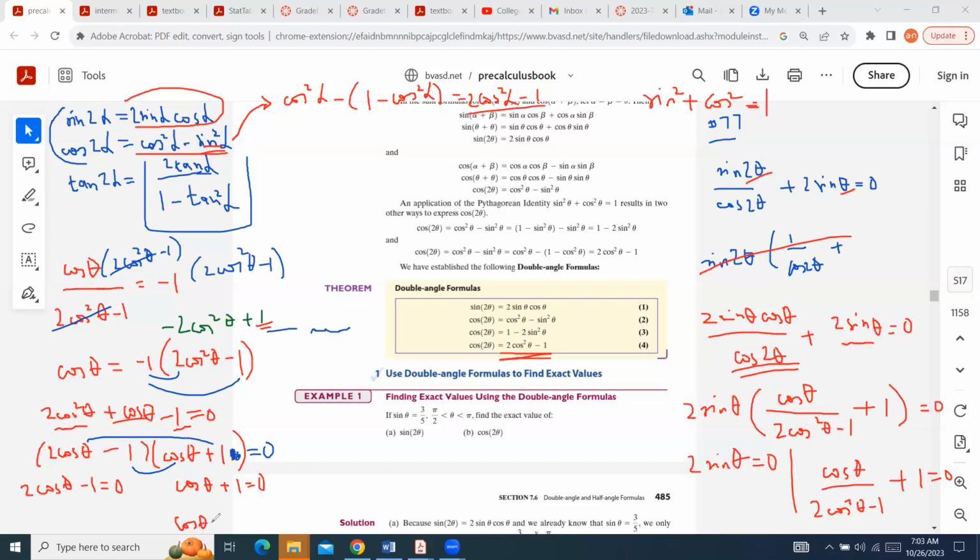So one of them is cosine theta is -1, and the other will be cosine theta is 1/2. So there are actually three pieces that we care about solving in this exercise.